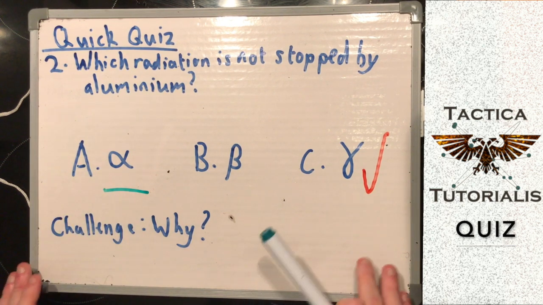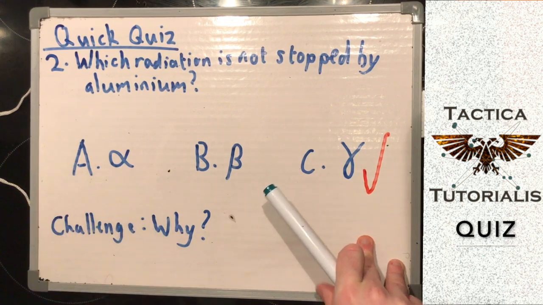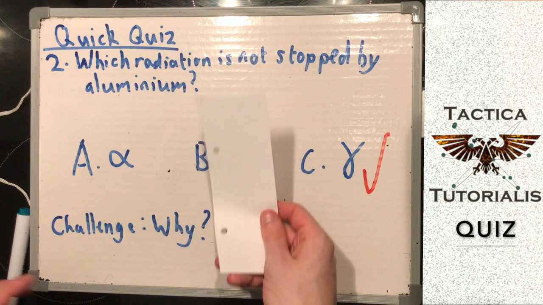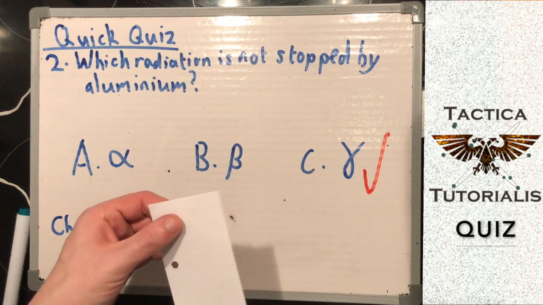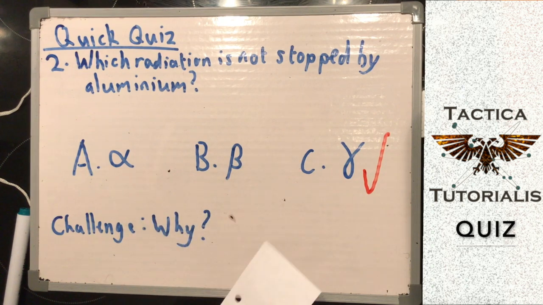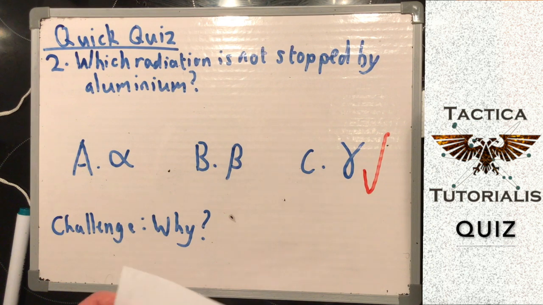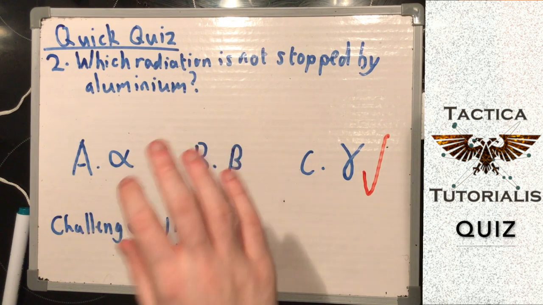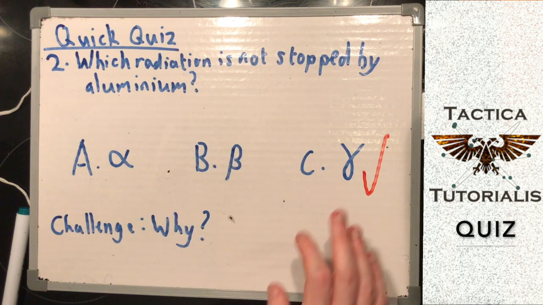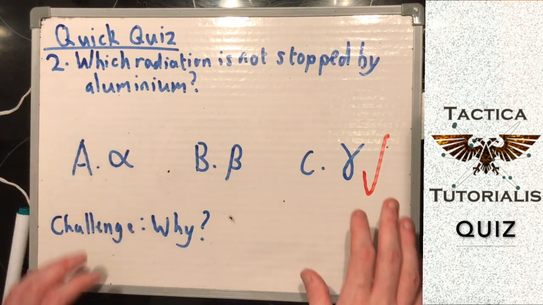Well, you might be tempted to think that, but bear in mind that alpha is stopped by my sheet of paper right here. This little sheet of paper could stop some alpha radiation from getting through it. So if I was to replace that with some aluminium, which is what, for example, your drinks cans are made out of, they would do just fine at stopping that alpha radiation. We already established that beta radiation is stopped by it, so the answer must be gamma. But if you put alpha, I'd understand why.